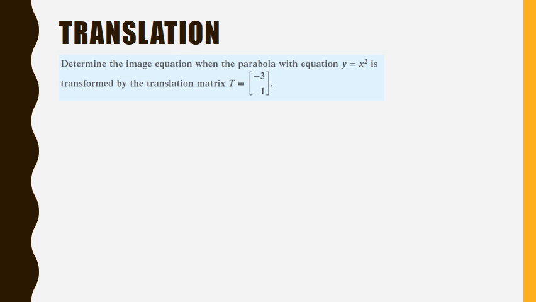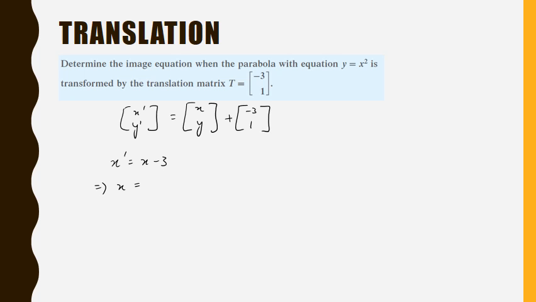Okay, so determine the image equation when you have an x squared. So let's follow the same process. We have x dash and y dash equaling xy plus our translation matrix. So then x dash is equal to x minus 3. Rearrange it because we sub the new one into the original one.